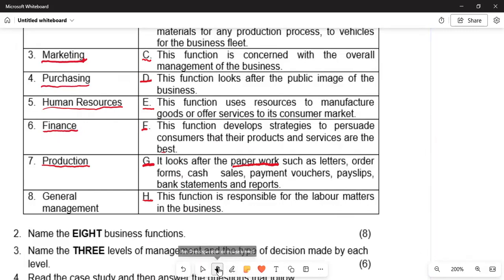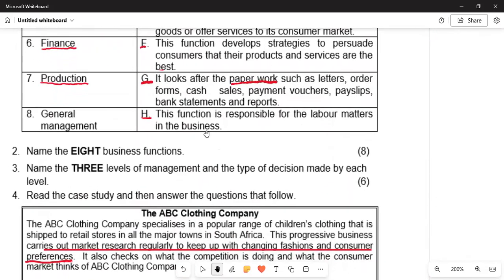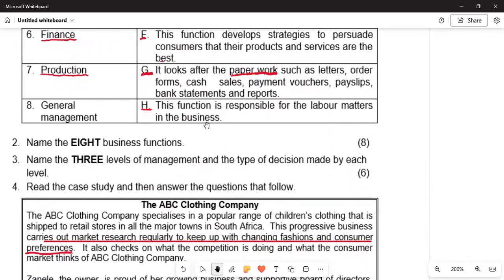Now we are asked also to name 3 levels of management and the type of decision made by each level. With this one, we can talk about top level management.